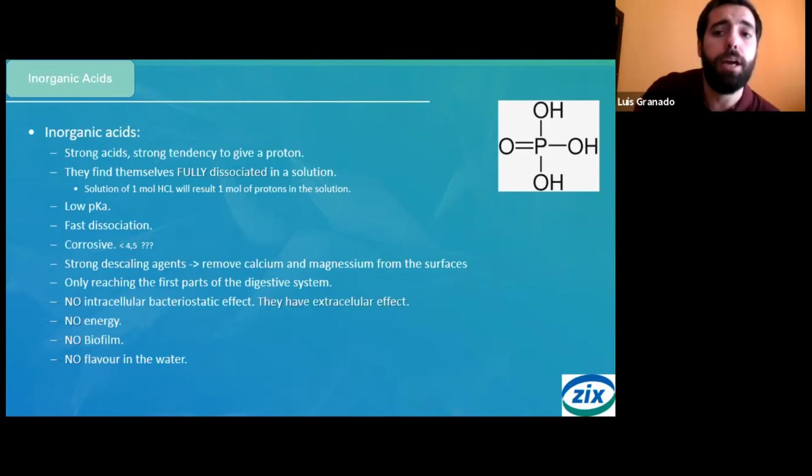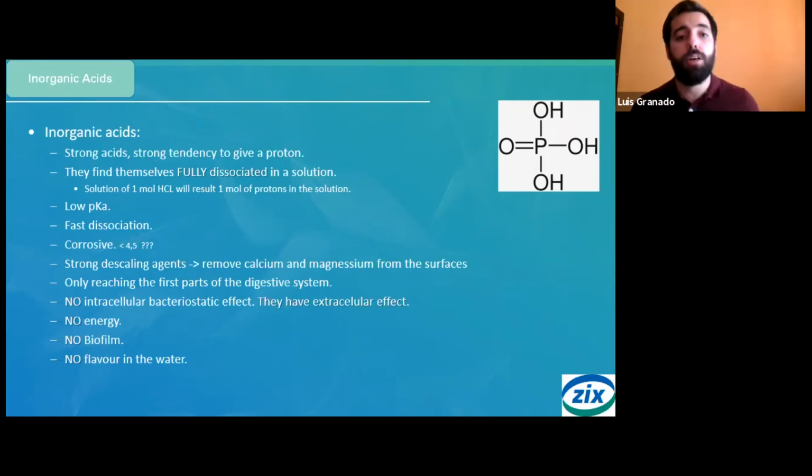They reduce the pH quickly, much faster than organic acids, and therefore they can remove calcium and magnesium from the surfaces, right? They dissolve it from any kind of surfaces, pipes, evaporative panels, etc. Then if we add inorganic acids, that solubilization will happen fast and will remove it, all right?